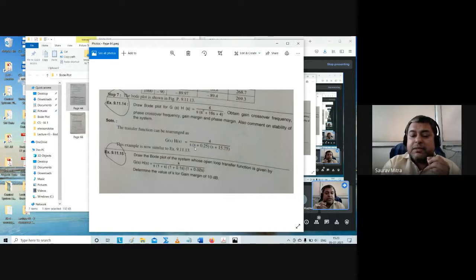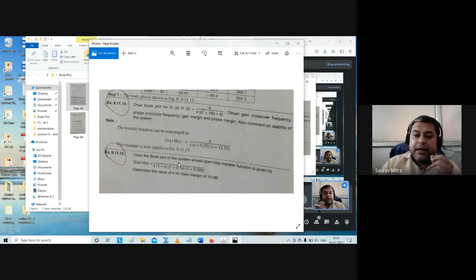Suppose you put s as 10, you will find some value of GSHs, and if you put s as 100, that GSHs value will reduce. So whenever I say the amplitude of GSHs or overall system gain, that is a frequency determined gain. This K is not frequency determined; it can be controlled externally.